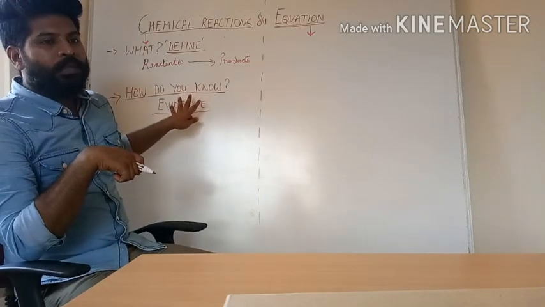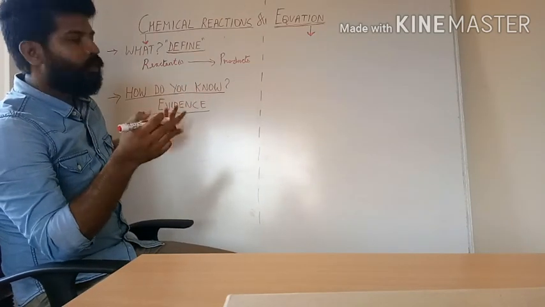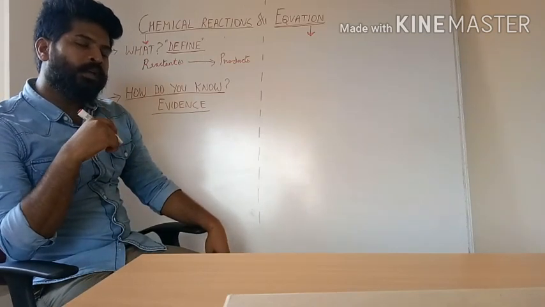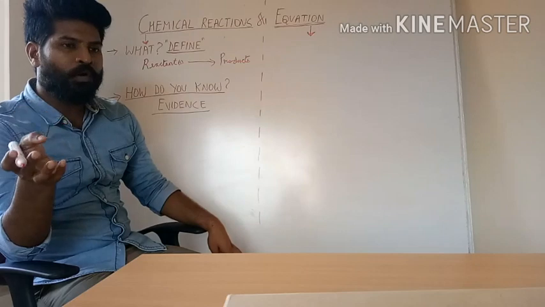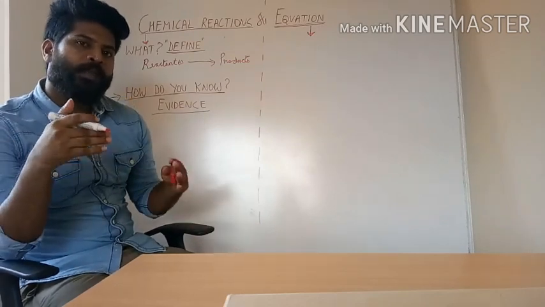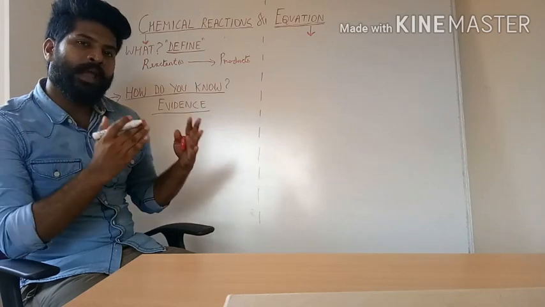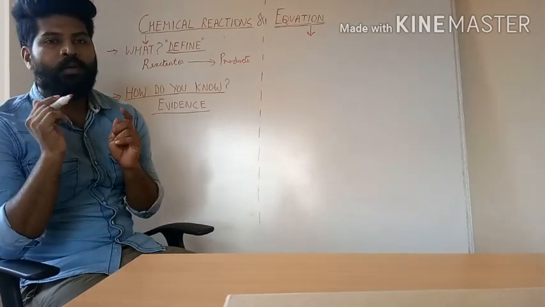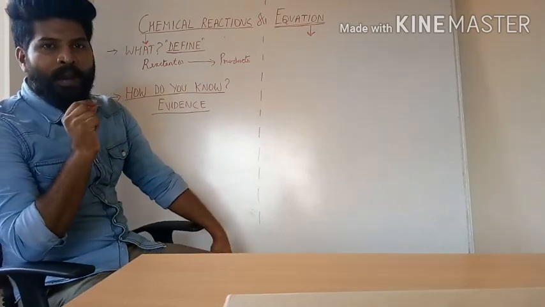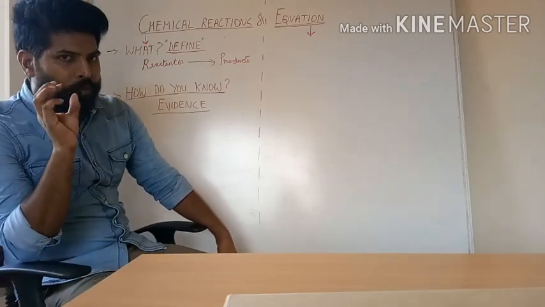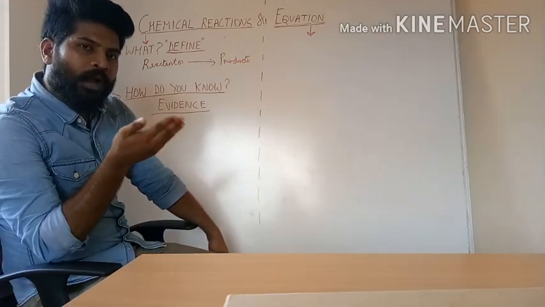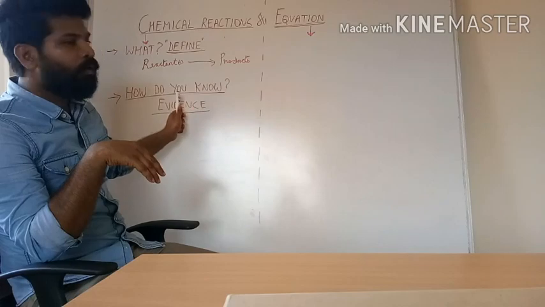The next question that we are going to answer is, how will you know whether a reaction has taken place or not, or more specifically, how do you know whether a chemical reaction has taken place or not? Before we go on further, we'll do a very interesting activity, and I want you to observe very keenly, and then we will answer this particular question.